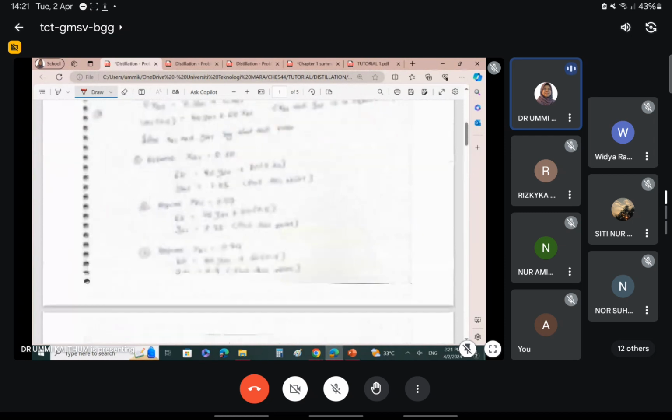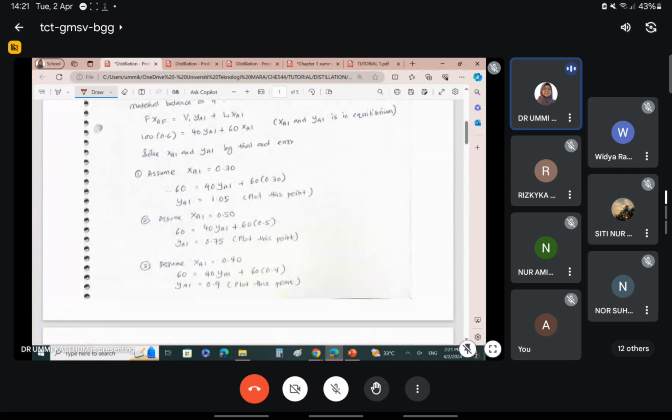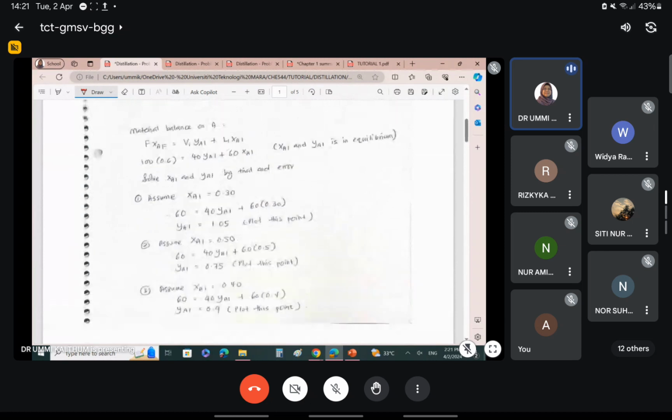So let's say I assume XA1 is 0.3. Then you get YA1 as 1, not 1.01.